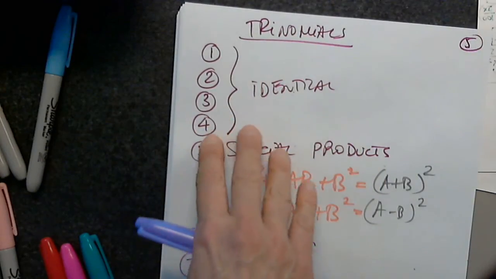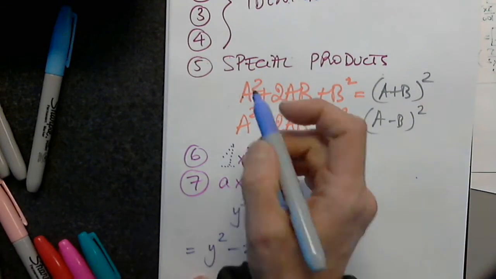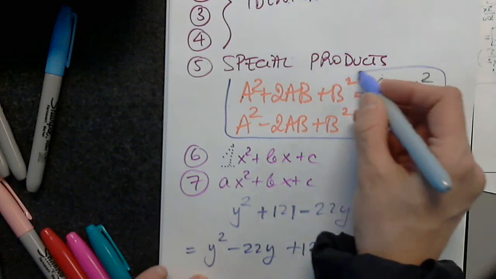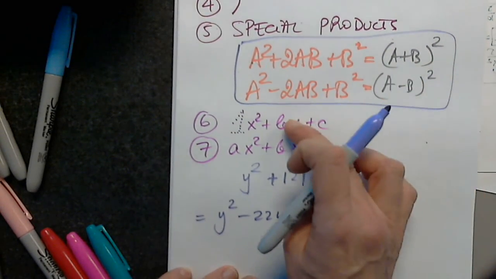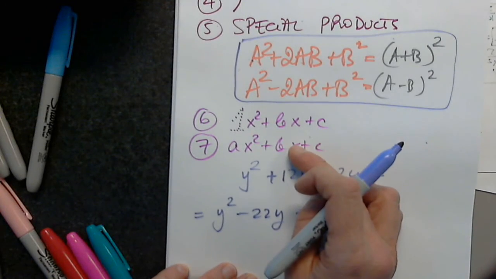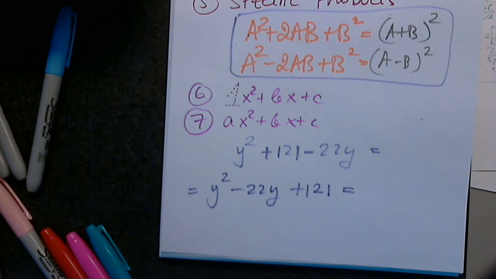So I accomplished my first 4 steps. Now I am hoping that one of these is applicable. If it's not applicable, then I go to this or maybe this. I'll explain later. If one of the 2 special products is applicable, which of these 2 specifically will I look at? The first or the second?